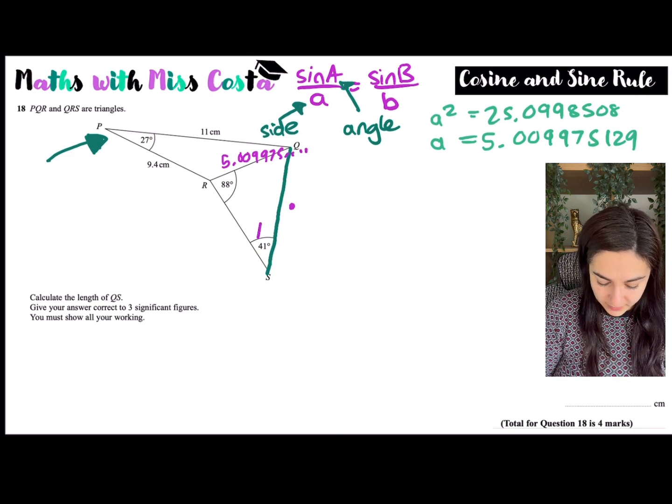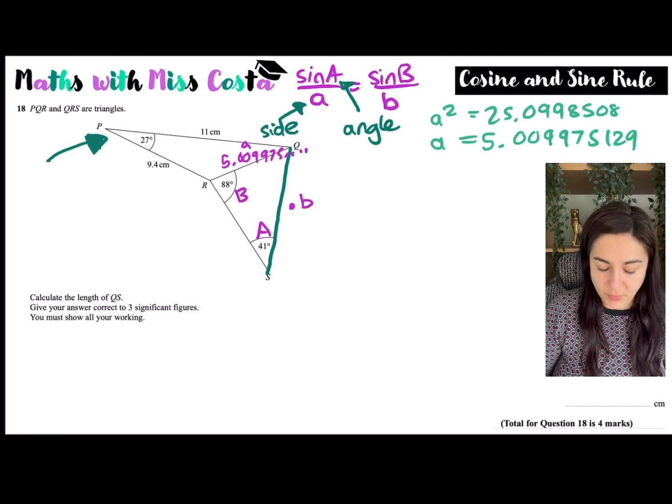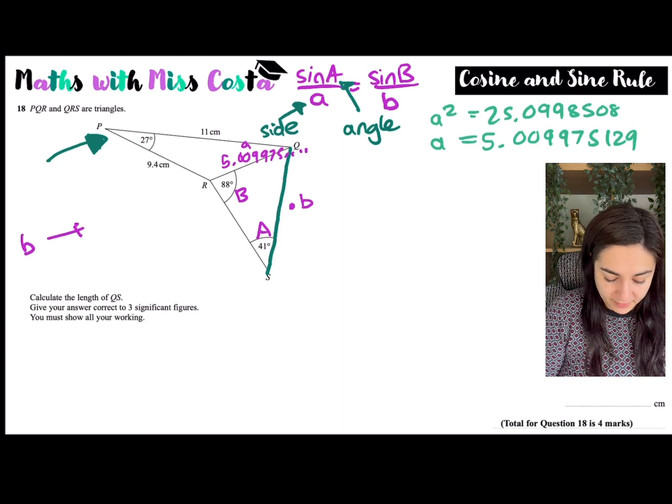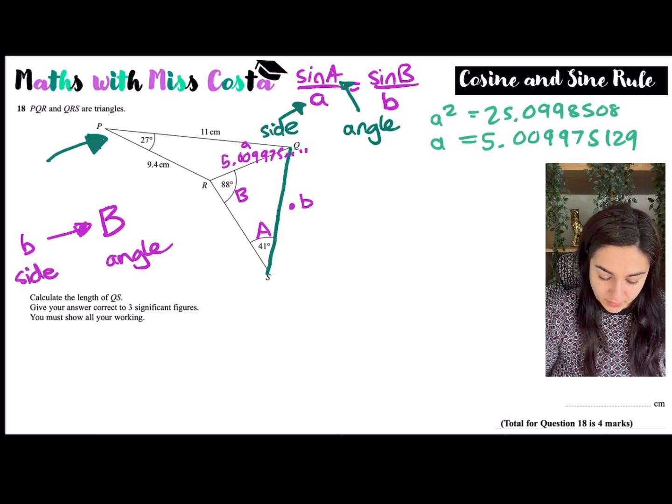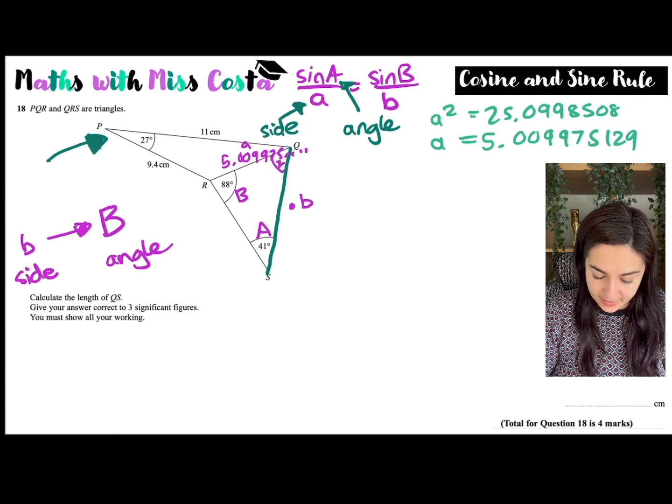So I could label this A and this little a. I could label this B and this little b, because when you're labeling your triangle, essentially the side and the angle have to be opposite each other. And remember, the little letter represents the side, the big letter represents the angle. And then you've got C over here. So that angle you don't know, but this would be the side C.